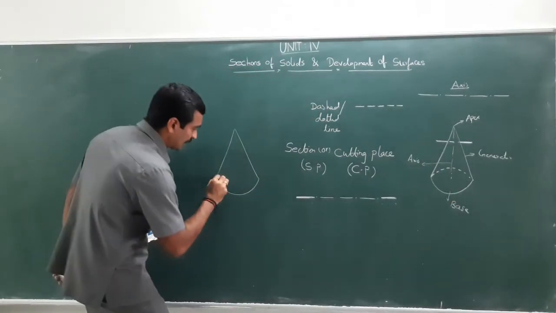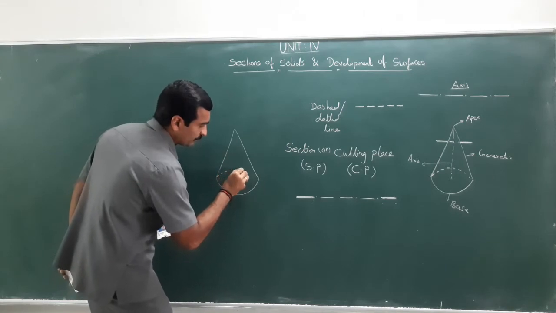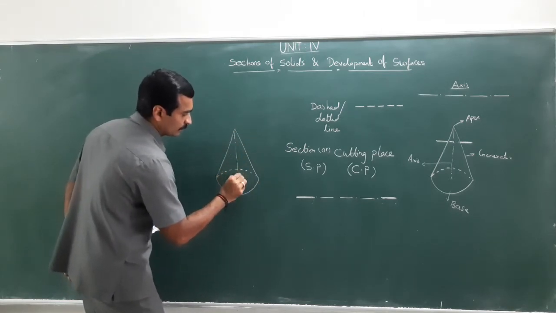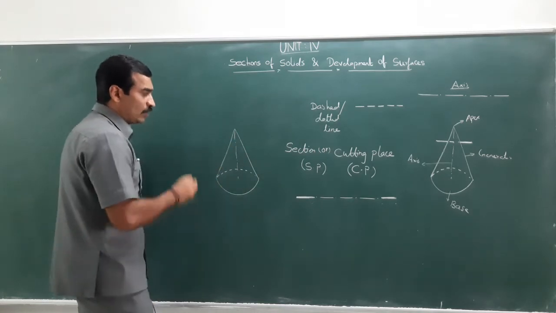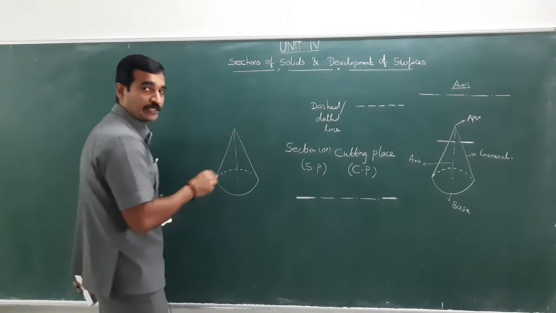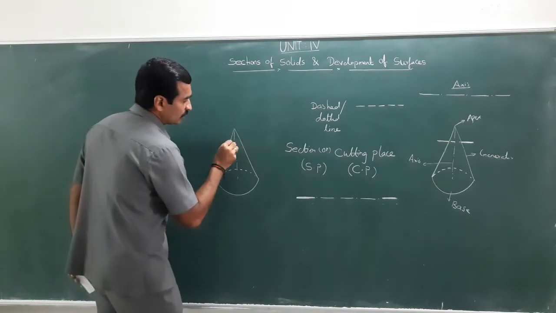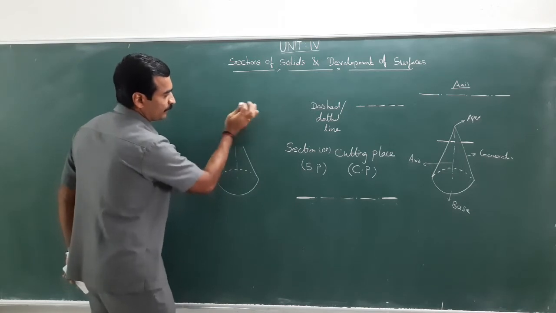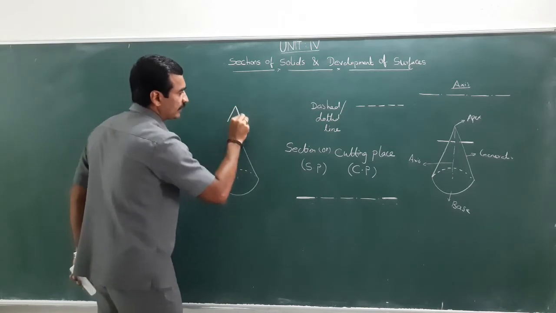The cutting plane is parallel to the base, isn't it? So this is the axis. Now while cutting the object, the top portion will be removed. So, the removed portion would be in this manner.